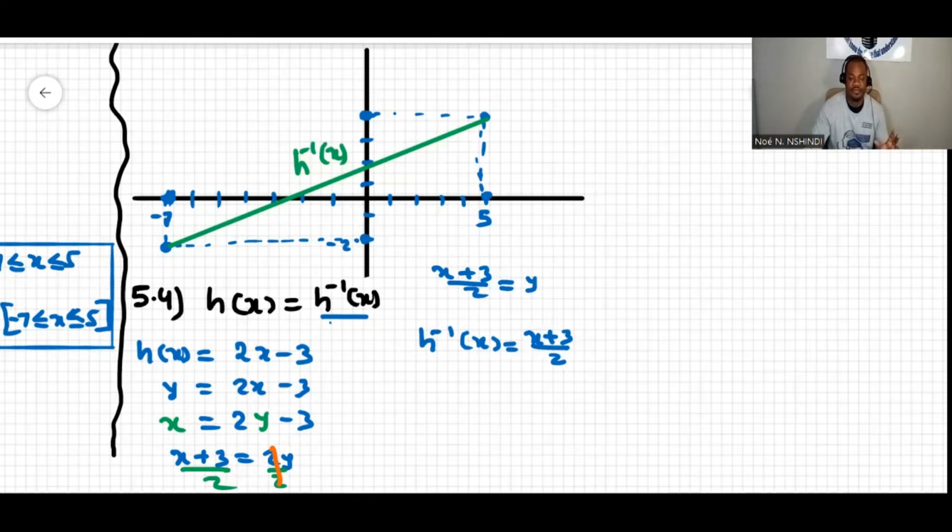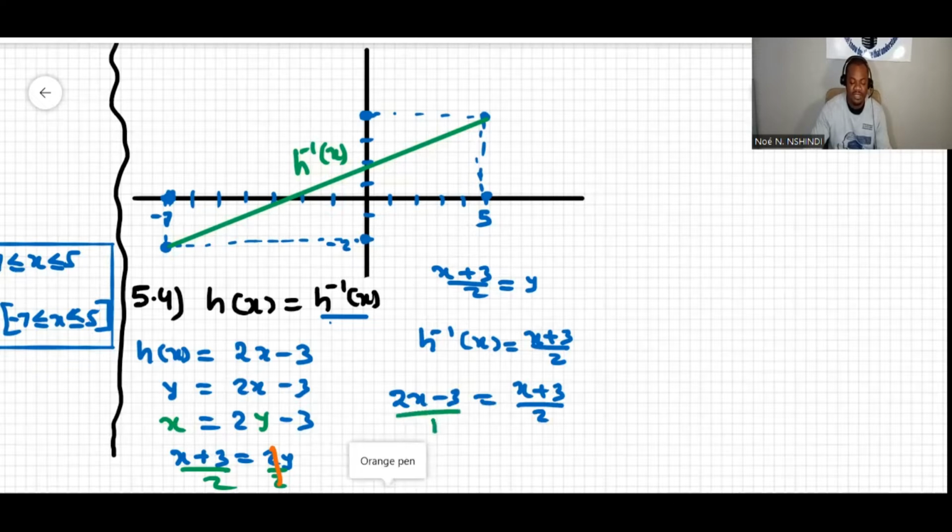Now that I have h of x, I also have h minus 1 of x. I can now find the values of x for which the two functions are equal. So by equating the two functions, I'm going to set 2x minus 3 equal to x plus 3 all over 2. Now we can solve this by cross multiplication, right? Remember, 2x minus 3 is like over 1. The property says this.